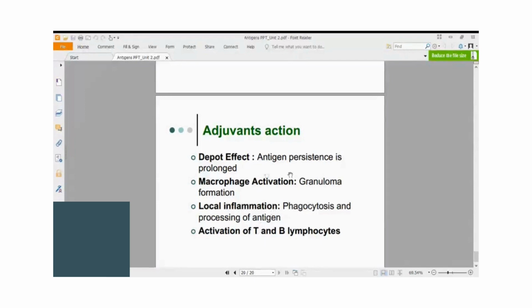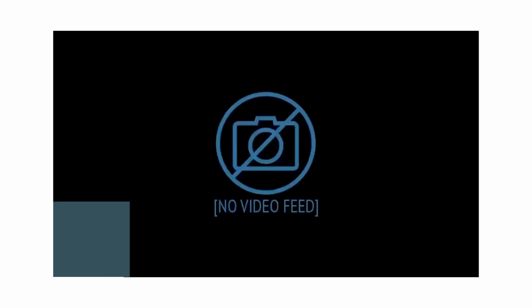So here the topic on antigens is over. Okay, we will move on to the next topic, and that next topic will be, in fact, the major histocompatibility complex.